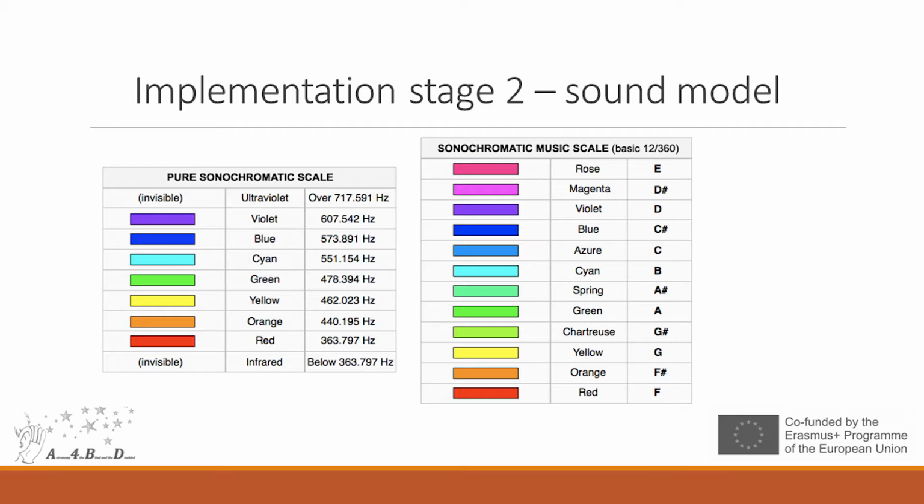Color, of course, is an area which is very complex. For our approach and based on questionnaires and tests that we did with the visually impaired, we decided to use the sonochromatic scale. That is a scale that translates specific colors to specific musical notes.